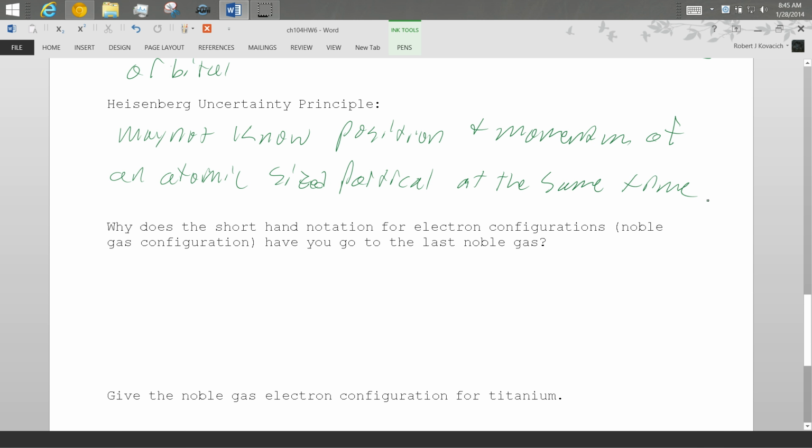You can never know where it is and how fast it's going at the same time. You can know where it is, but you don't get to know how fast it's going, or you can know how fast it's going, but you don't get to know where it is. And the result of that is observation of a subatomic particle moves the subatomic particle. It adds energy to the subatomic particle.